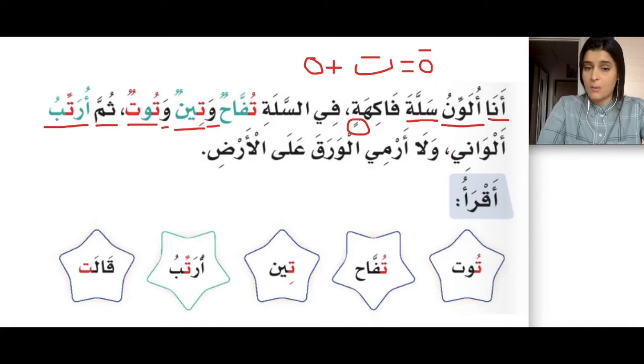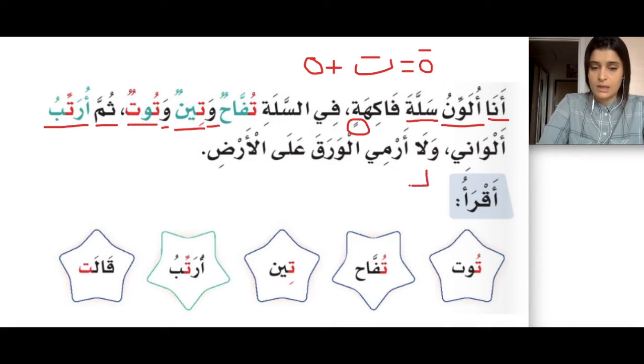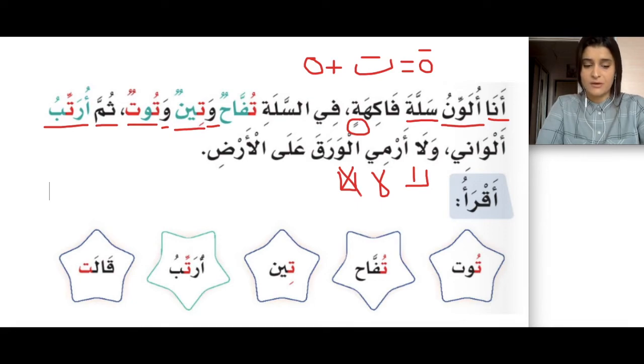Then we have a comma, wa, la. As you can remember, we can write la like this or like this, but we never write la like this. It's a wrong form. It is a very special connection between letter lam and alif.